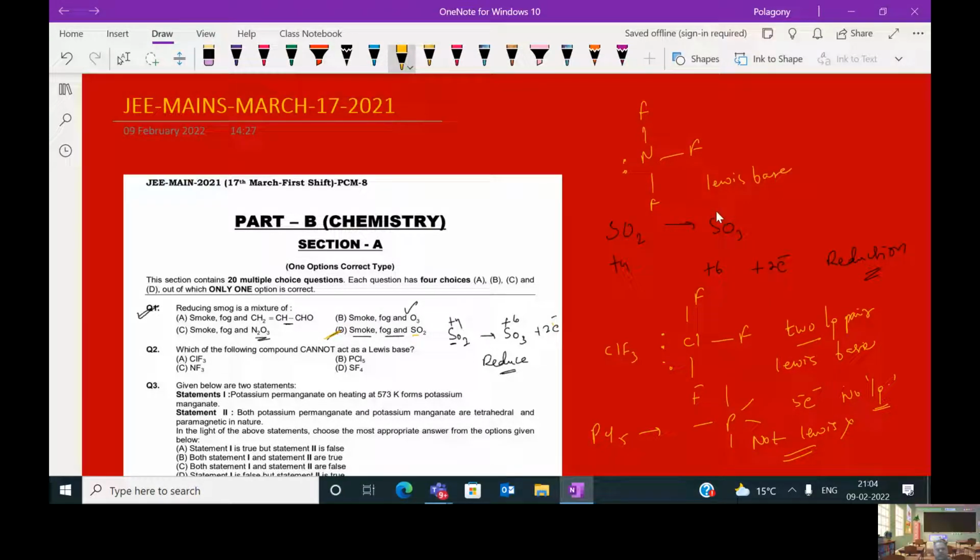Whereas in SF4, sulfur makes 4 covalent bonds with fluorine. Sulfur has 6 valence electrons; out of 6, 4 electrons are used, and 1 lone pair is present. It also acts like a Lewis base. So out of the 4 options, the correct one is B. PCl5 is the correct option we can give.